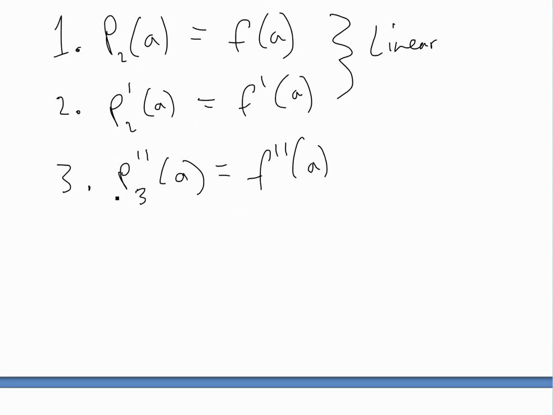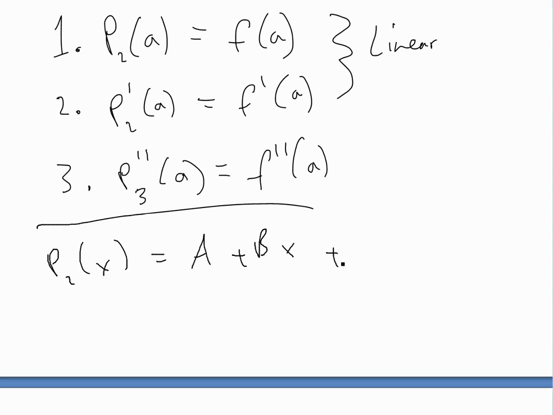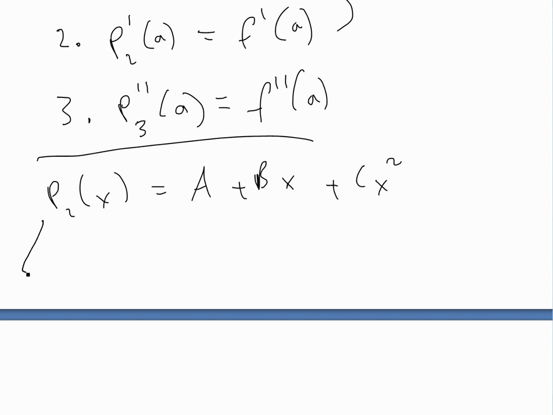Okay, so now the equation of a quadratic, you could write it as p2 of x is equal to a plus bx plus cx squared. So this is the equation, and then all we gotta do is find a, b, and c based on these following rules. But you could actually rearrange this one.